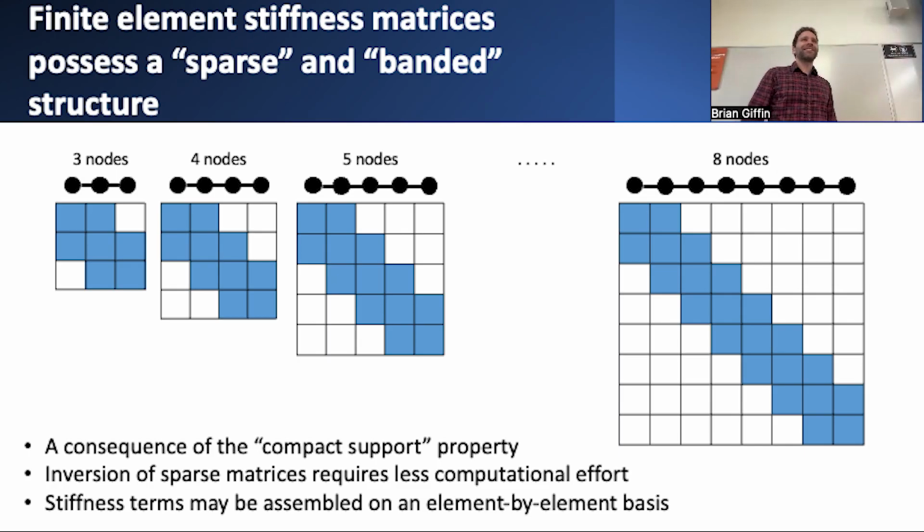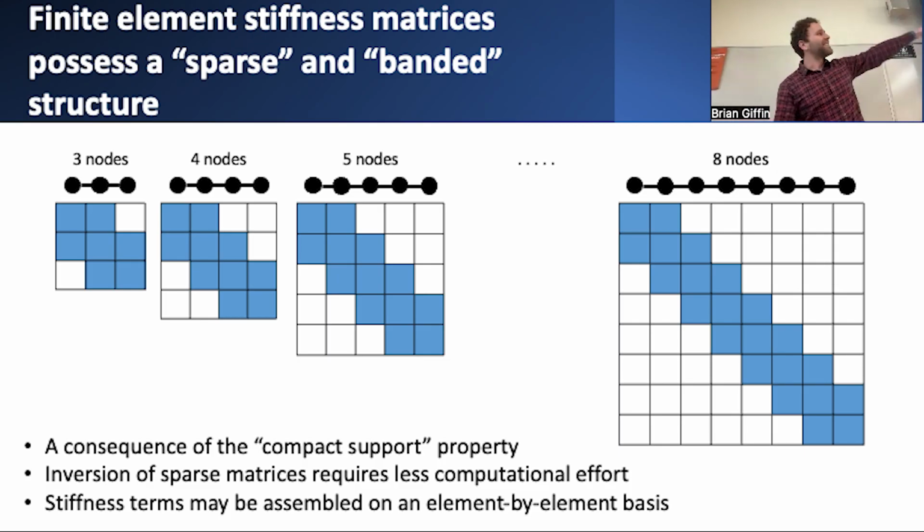What if you had a structure that consisted of that many nodes? The number of non-zero entries in the stiffness matrix actually doesn't scale up that poorly. In the end, it'll still be proportional to the number of nodes, but you won't have to store n by n potentially non-zero entries. So that kind of sparsity property is really useful.